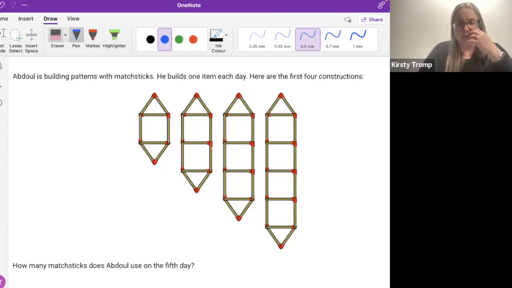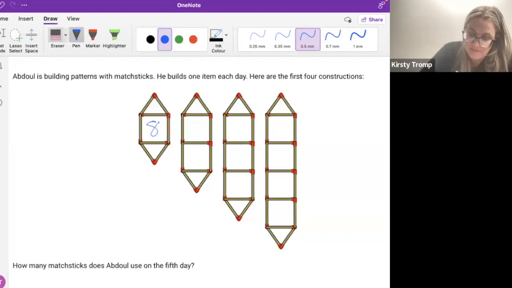All right, let's go check your answers and see how you're going. What I would do to work this out is work out, in my first drawing, he's got 1, 2, 3, 4, 5, 6, 7, 8 matchsticks. In my second drawing, he's using 11 matchsticks.